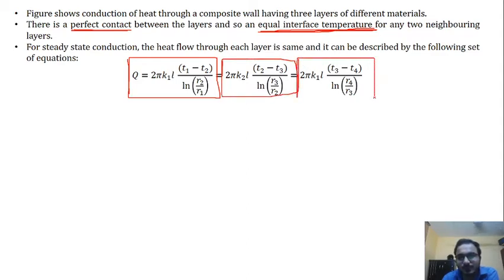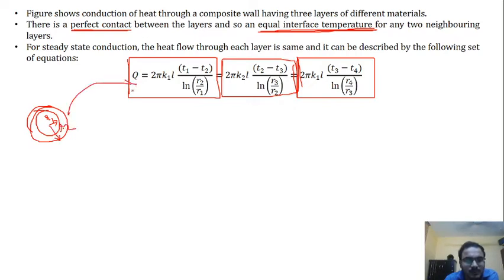So if you have drawn this previous figure in your notebook, you can easily understand this equation, that for the first inner layer, the inner radius was R1 and outer was R2. That is applicable to this formula.